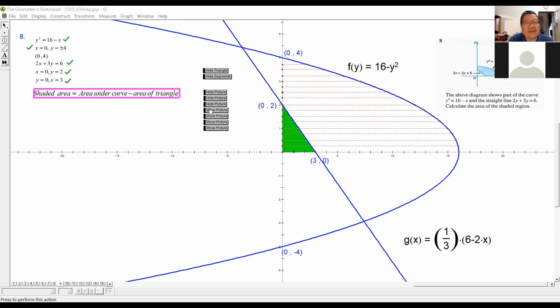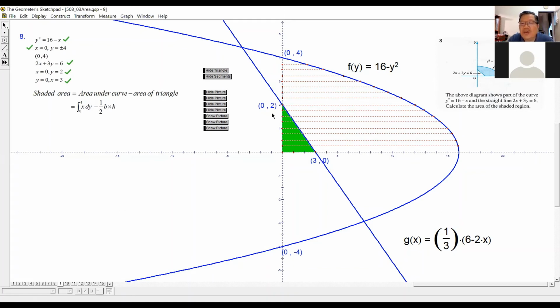So how is it like? Between the curve and the y-axis, you have to integrate x dy, okay? Then you subtract the area of the triangle, you find using half base times height. This one, half base times height, is easier to find.